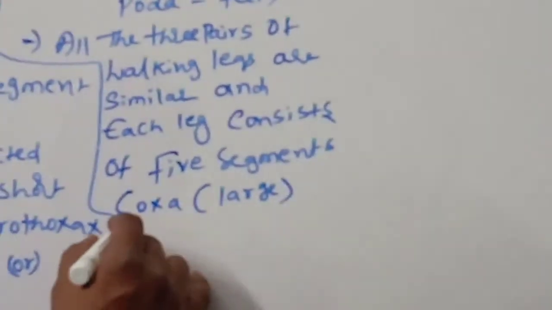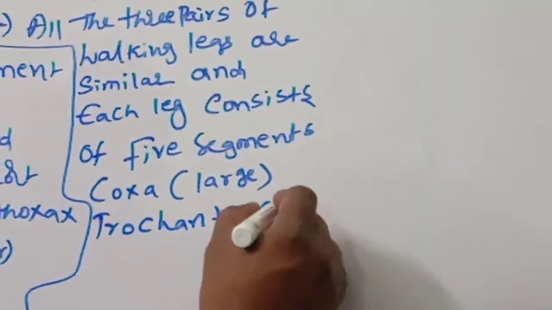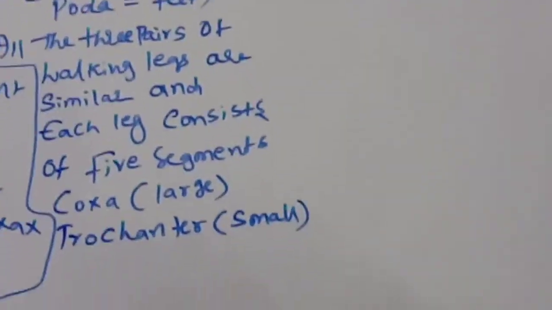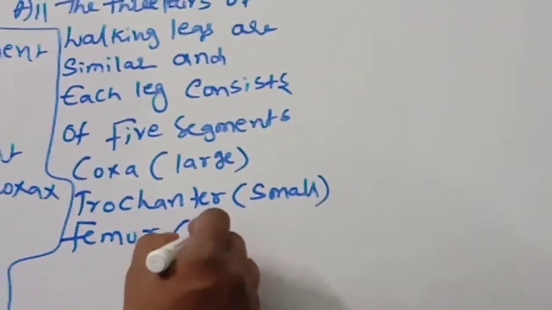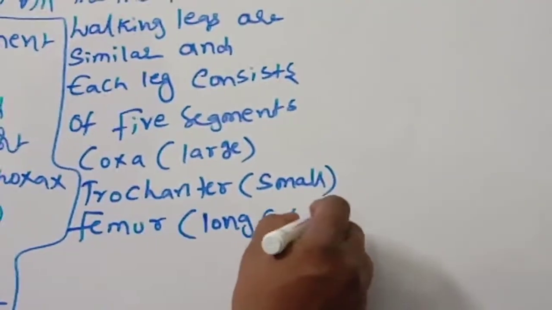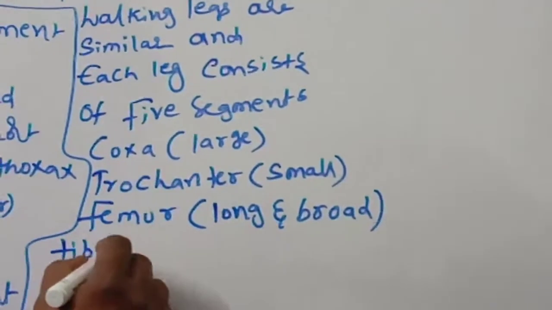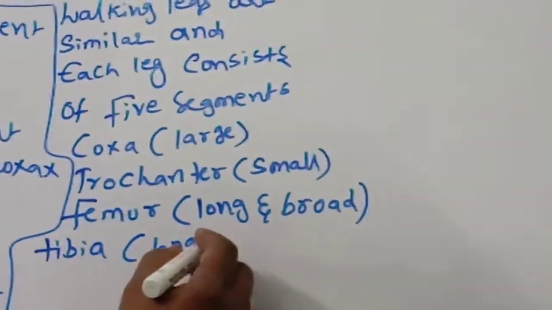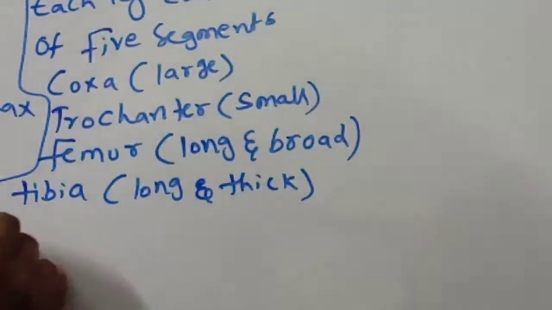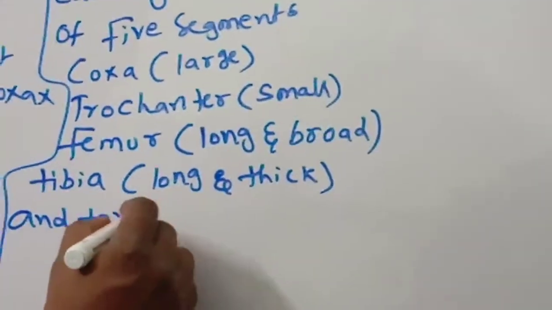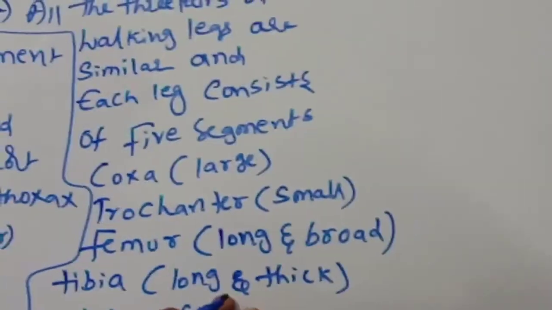Number two, trochanter, small. Number three, femur, long and broad. Tibia, long and thick, and tarsus. This one you have to remember.